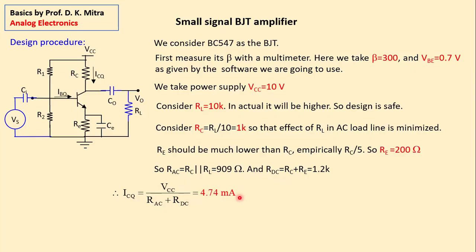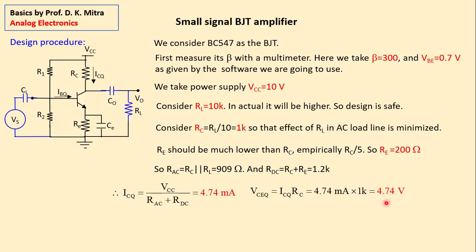So, my quiescent collector current will be 4.74 milliamps. And quiescent collector voltage will be, once again, by the same calculation, 4.74 milliamps multiplied by 1K, is 4.74 volt. Incidentally, two numeric values are the same, but it need not be the same always.